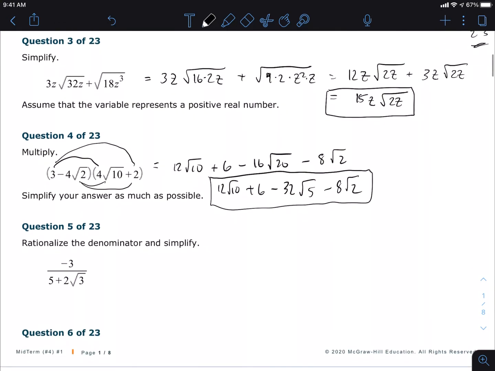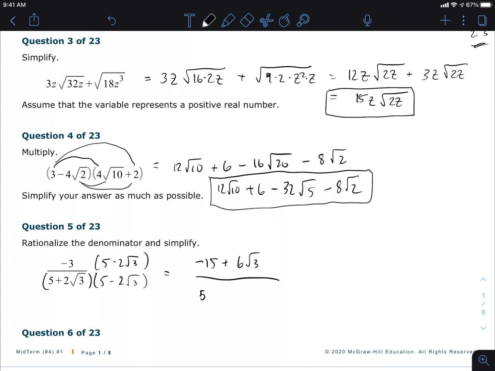All right, to rationalize this denominator, one of the things that you need to do here is multiply by the conjugate. And when you multiply by the conjugate, top and bottom, on top we're going to get a negative 15 plus 6 root of 3. And in the bottom, it's just the two numbers, the first number squared and the second number squared.